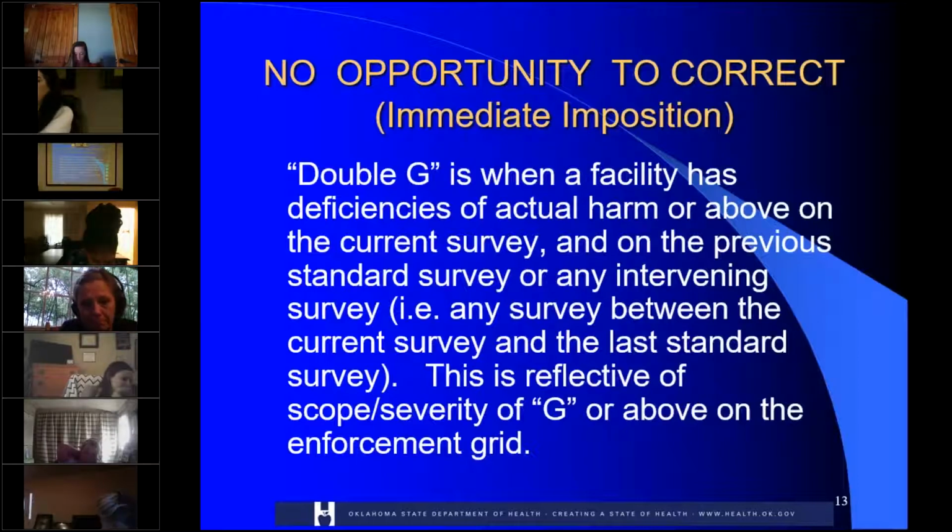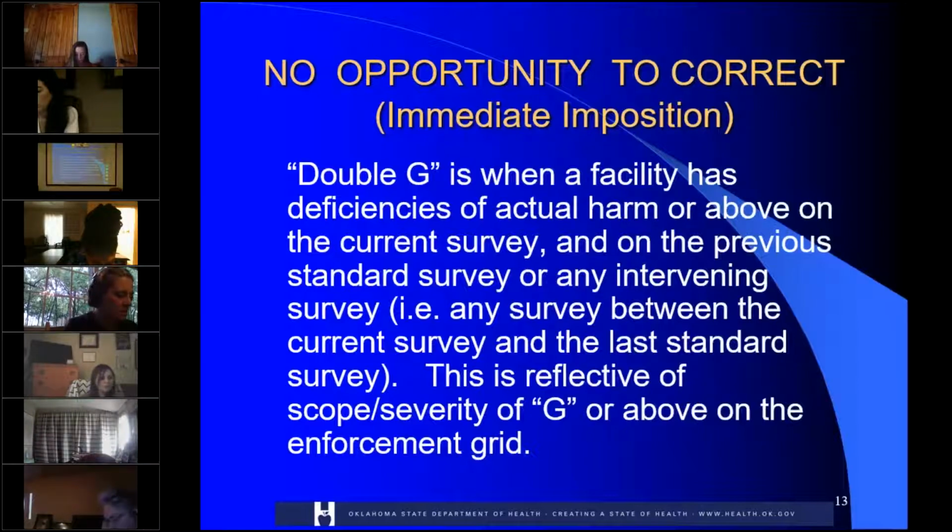Basically what that means is CMS, when they get the case, they may impose a higher money penalty or some other remedy, like a directed plan of correction or something like that, especially if that PNC IJ was in the same tag.